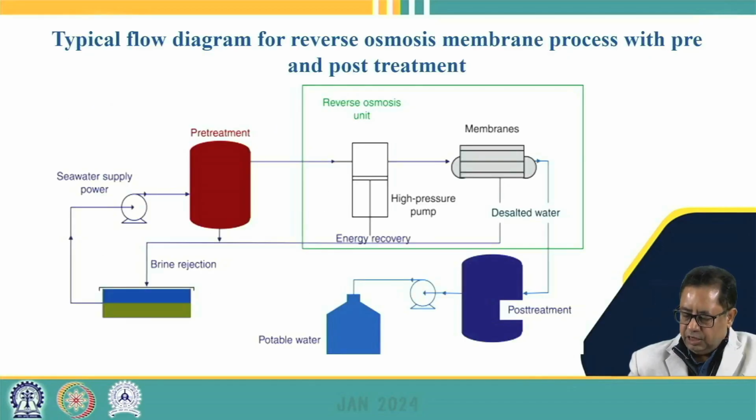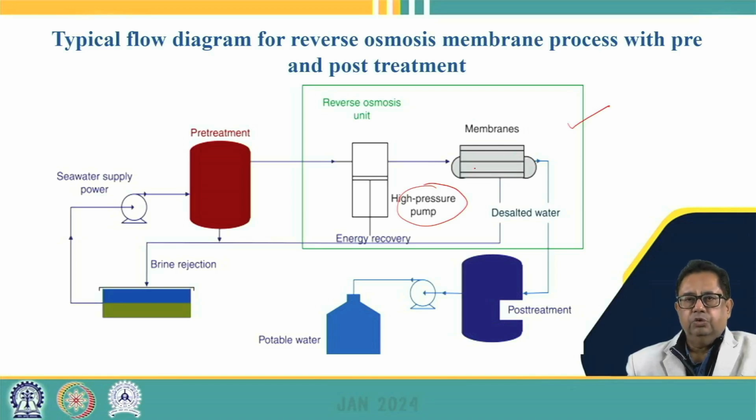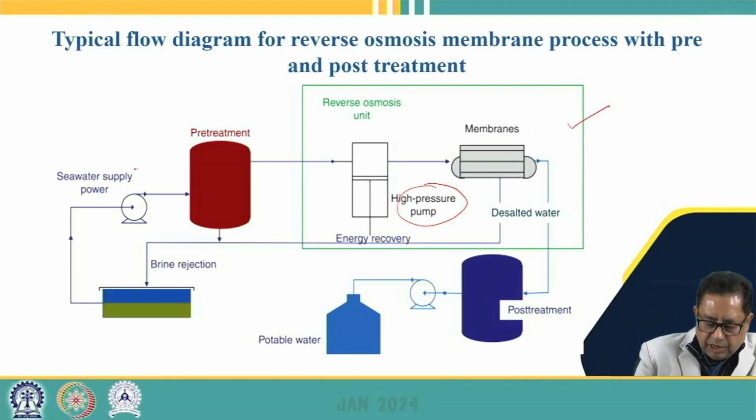If we look at an RO process, it has an RO unit with a high pressure pump, which is required so that the water can be pressurized and pass through the membranes, so that the reverse osmosis process can take place. For example, let's say we have a seawater supply.